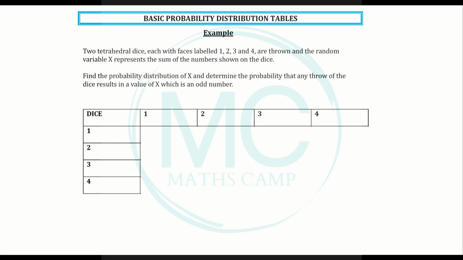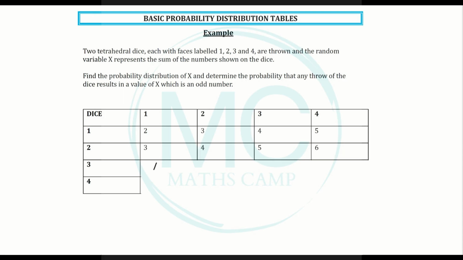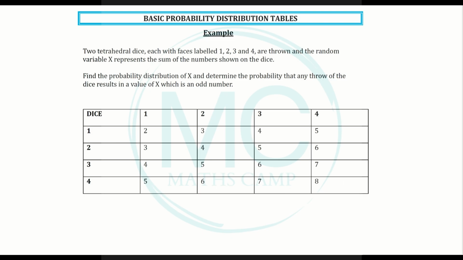Now all we need to do is add these values together. 1 and 1 gives me 2, 1 and 2 gives me 3, 1 and 3 gives me 4, 1 and 4 gives me 5. 2 and 1 gives me 3, 2 and 2 is 4, then we have 5 and 6. 3 and 1 is 4, then we have 5, 6 and 7. And finally for our last row, 4 and 1 is 5, 4 and 2 is 6, we have 7 and 8. These are our values for x.